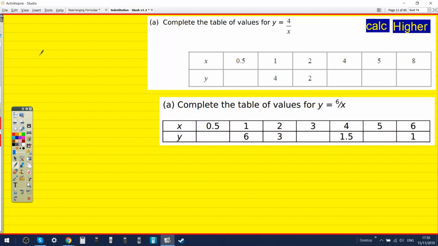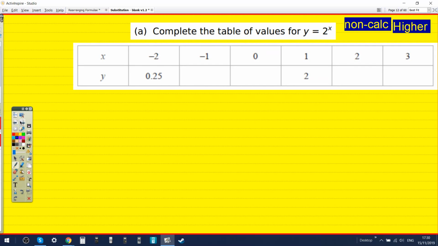So this is calculator questions on the higher paper. How do you do this? So for the first one is 0.5, 4 divided by 0.5 is 8. So y equals 8. Yeah, that's going to be fine for those. How about this one? And it's non-calculator.